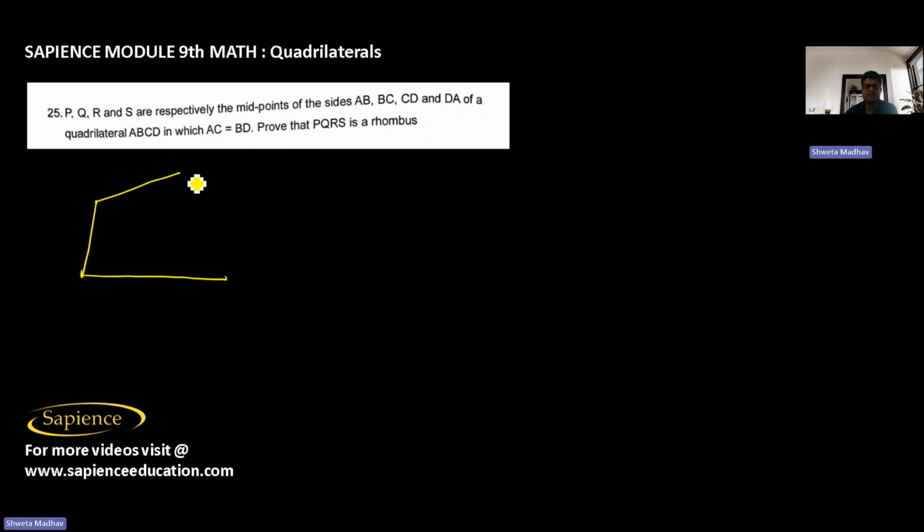Let's say we have a quadrilateral like this, A, B, C, D. Now it is given that AC is equal to BD, and P is the midpoint of AB, Q is the midpoint of BC, R is the midpoint of CD, and S is the midpoint of DA.